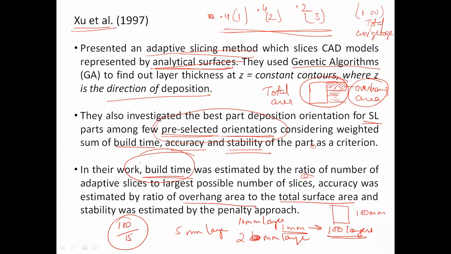When you use more material, your dimensional accuracy actually comes down, and when you use less volume of material, your dimensional accuracy actually goes up when you use plastic materials and resins. So accuracy was considered in this form, where overhang area divided by the total area was considered, and these two values were looked into as a factor. If this factor is low, you don't need support. If this factor is high, you need support.